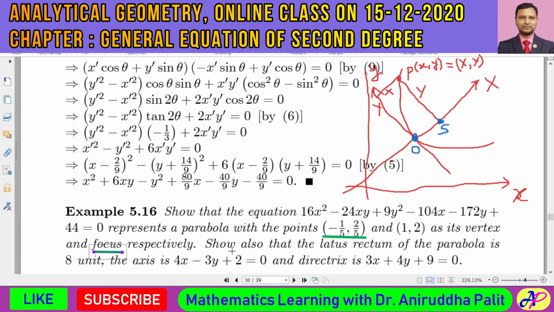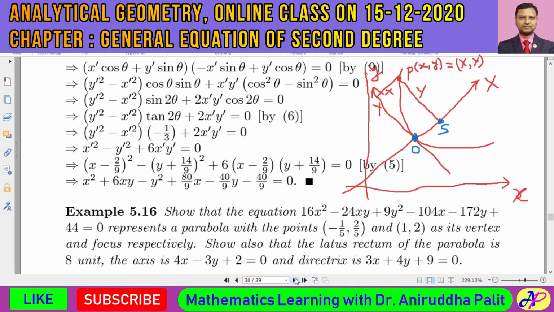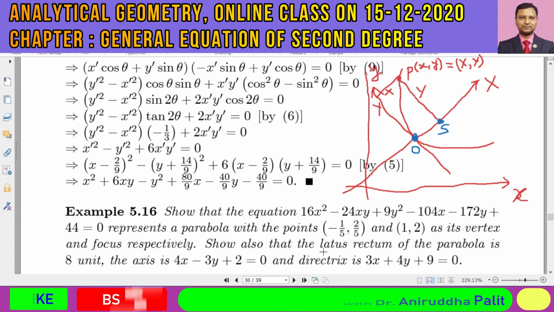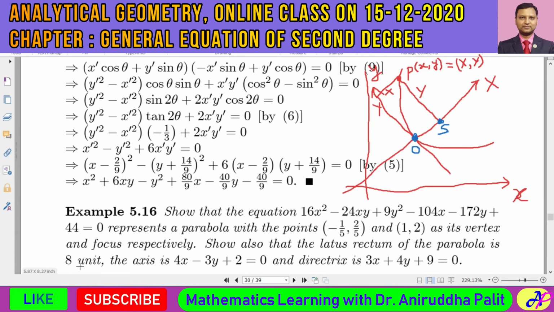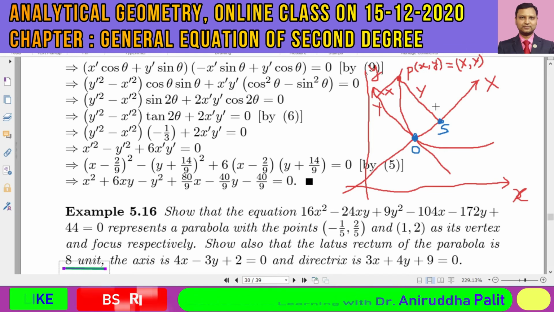And now, what do we need to do? We also need to show that the latus rectum of the parabola is 8 units. What is the latus rectum? For y squared equals 4ax, 4a is the length of the latus rectum of the parabola.